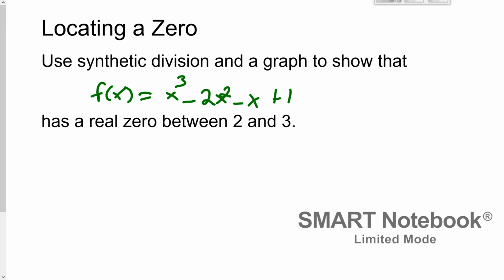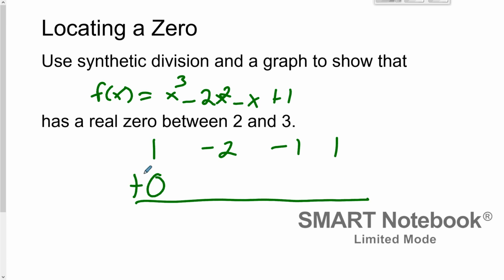So when you use synthetic division, list your coefficients, make sure everything's taken care of. We got 3, 2, 1, and 0, with 0 on the second row there. We're going to add our first two rows together. So 1 plus 0 is 1, and then what goes in the box is 2 and 3.